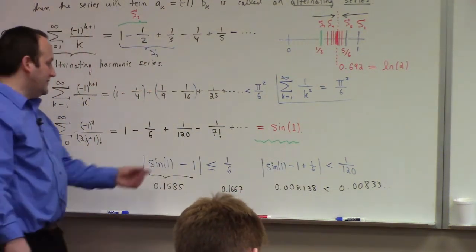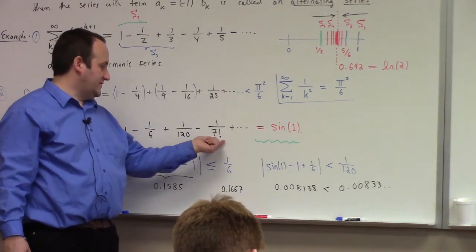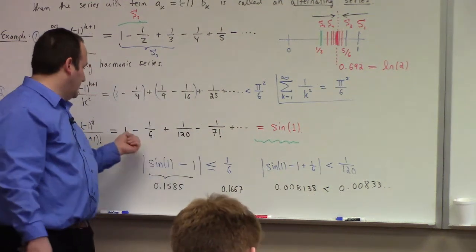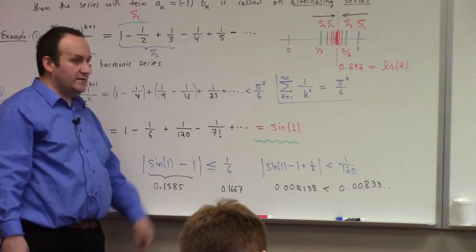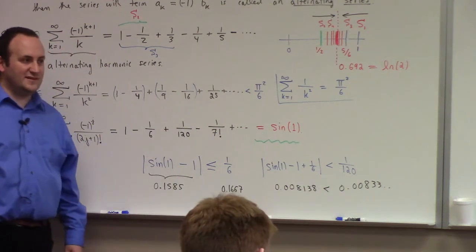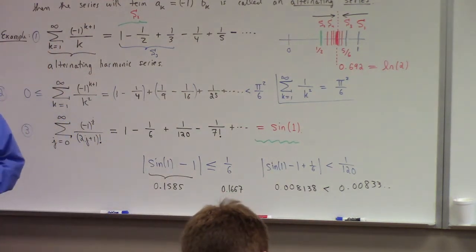If I wanted to get within 1 over 720 of sine of 1, I could just do 1 minus 1/6 plus 1/120. That would get me to within 1 over 7 factorial of sine of 1. And so it goes. That's the alternating series estimation theorem.